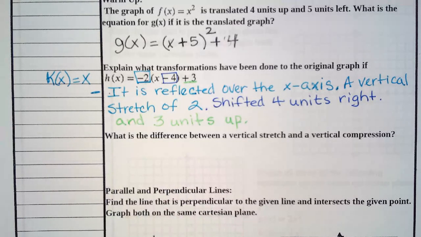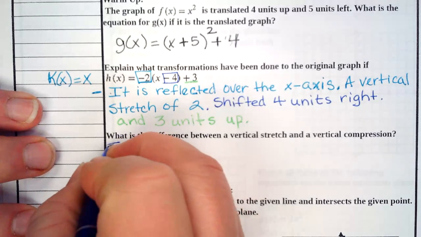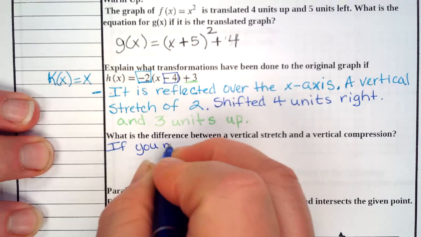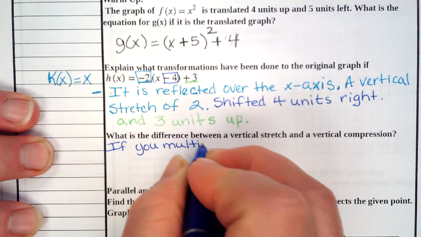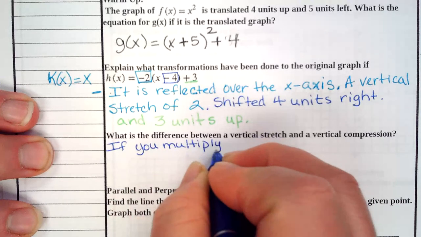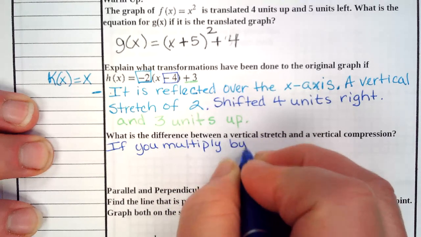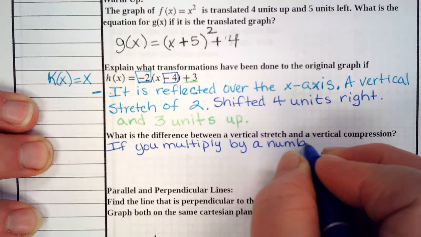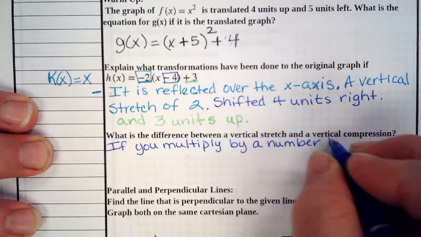If you multiply by a number greater than 1, that's a vertical stretch.